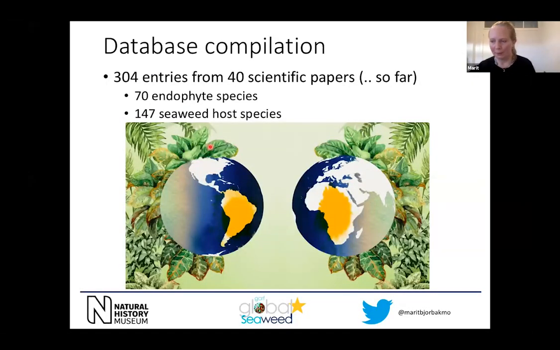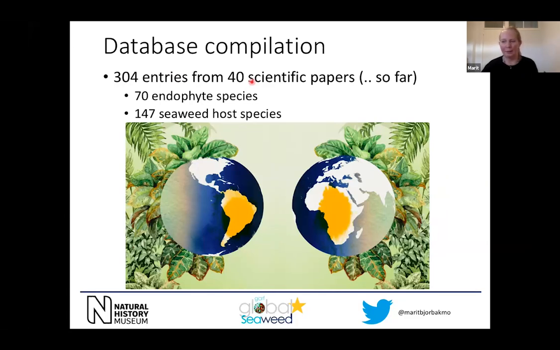So what I've started to do here is to construct a database. The database so far contains endophyte host interactions from 40 scientific papers. From these papers, there are in total 304 entries of interactions between green algal endophytes, or also some epiendophytes, which are associated with seaweed hosts.